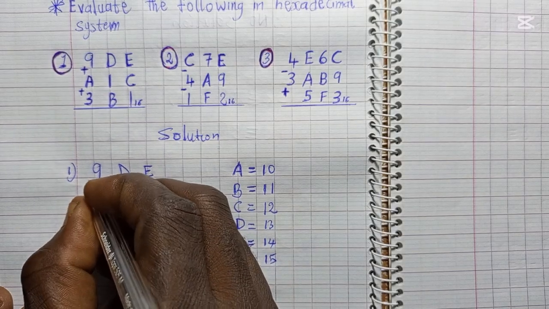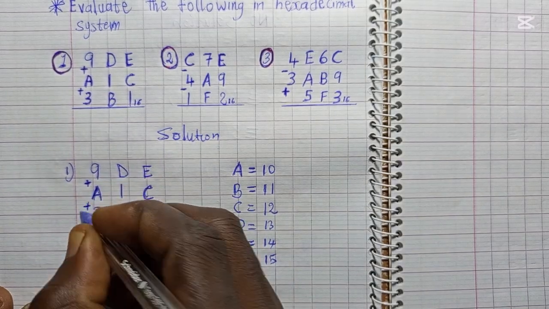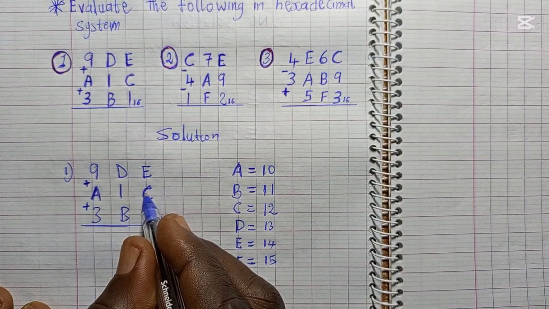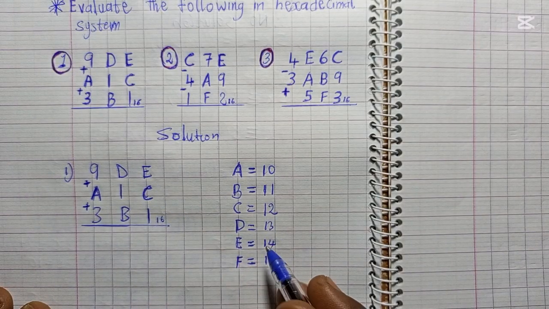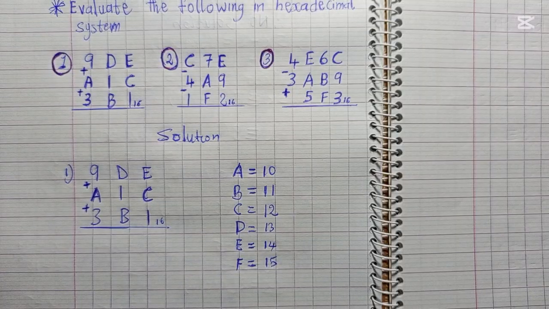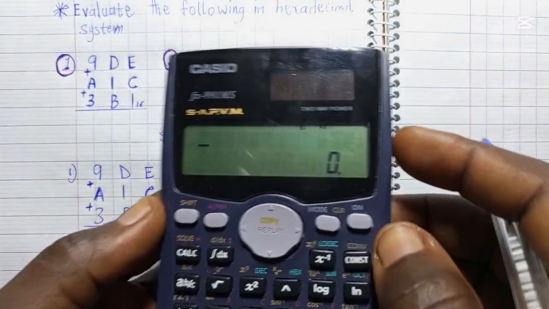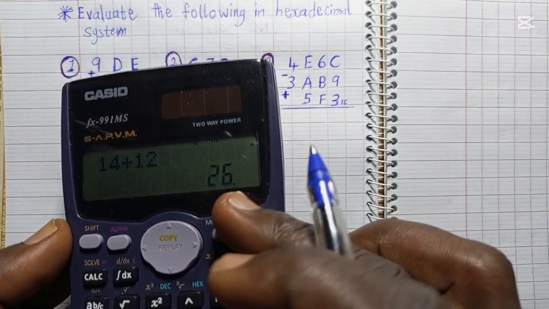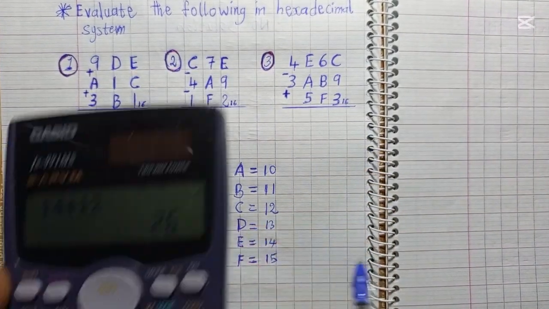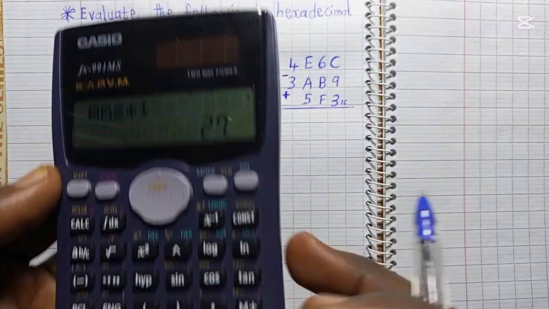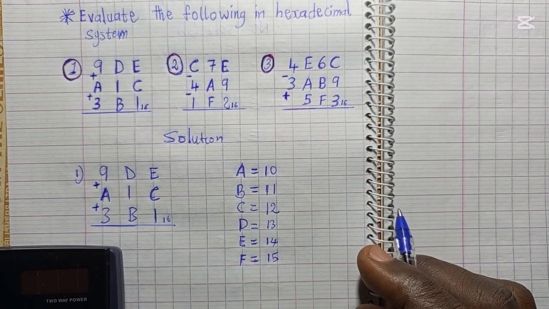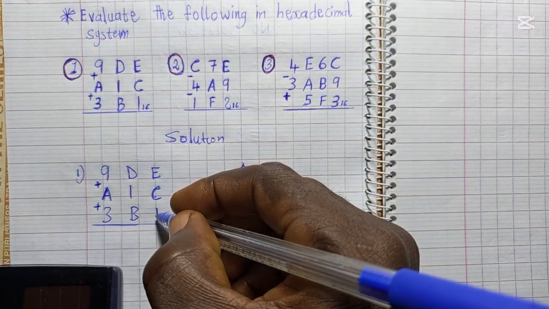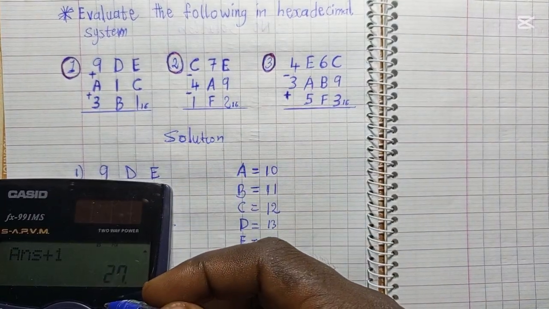Number one is addition. E is 14. Now 14 plus C, which is 12. 14 plus 12 will give us 26. 26 plus 1 plus 1, that is 27. Now we've added all this to give us 27.